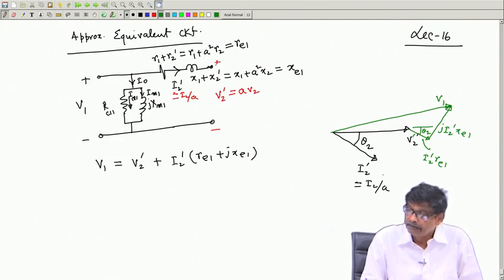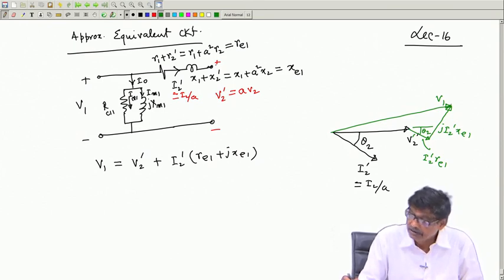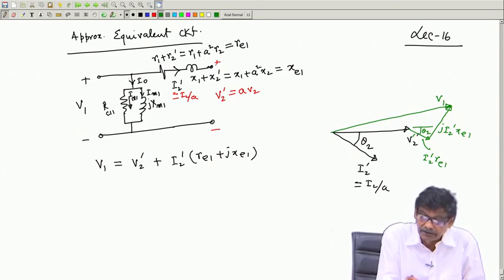Okay. Now, where is your I 1? If this is V 1, you see this I naught will be lagging this V 1 by whatever that current is. Are you getting?